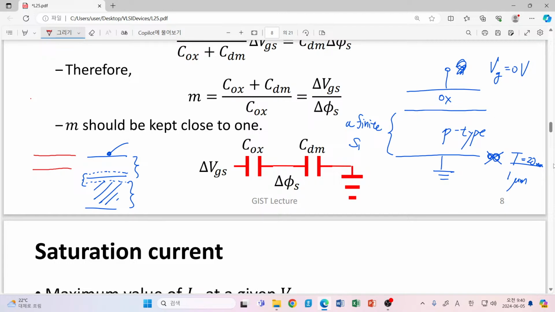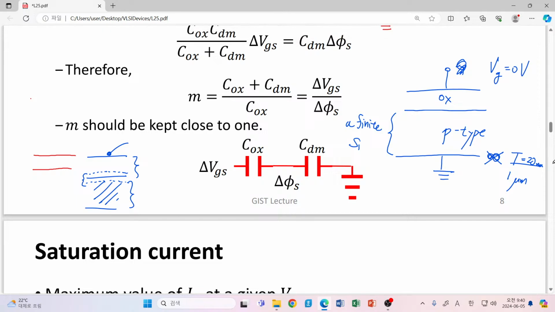So when we just start our analysis, our p-type substrate is already completely depleted, and here we have holes and here we have no hole at all.